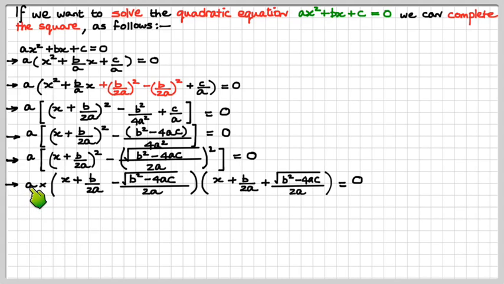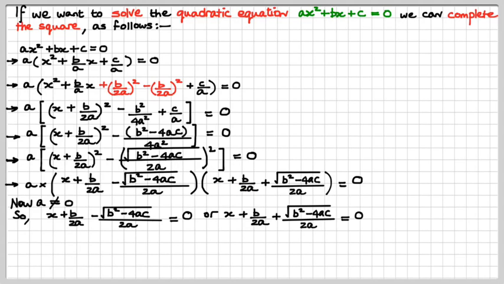Now this is a times the first thing minus the second thing times the first thing plus the second thing, equals 0. Alright, now come on, we're nearly there now. So therefore, we know that a can't be 0. That's ridiculous. So therefore, this thing or this thing must equal 0. So the thing in the first bracket equals 0, or the thing in the second bracket equals 0.